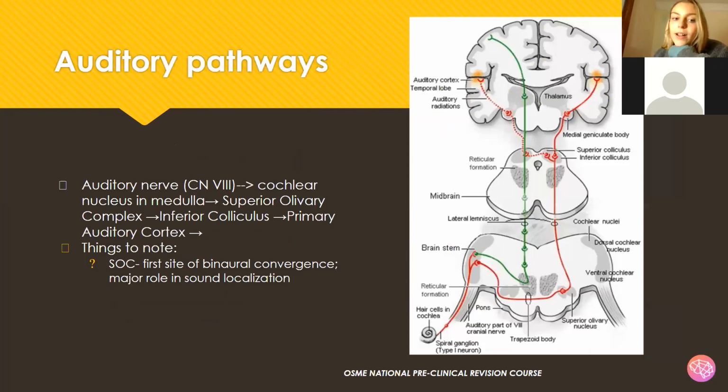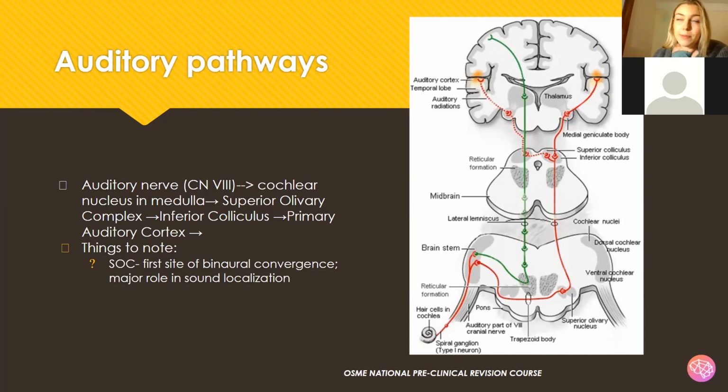Okay, so I've touched a little bit on spectral analysis, which is analysing the frequencies of incoming sounds, and a large part of this is due to the basilar membrane and its changing thickness.